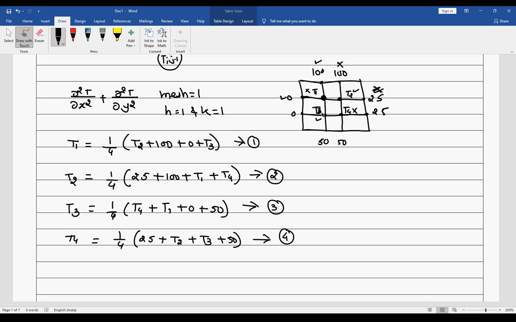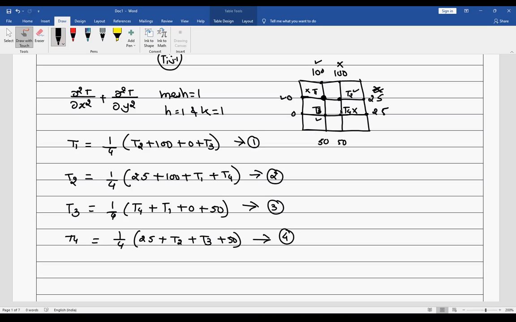If we want a faster answer, our assumption should be as close as possible to the actual value. T1 and T3 could be near 50 because they are between 0 and 100 degrees Celsius and 50 degrees Celsius. T2 and T4 are very close to maybe 33-35 degrees Celsius, or maybe even 70 degrees Celsius.